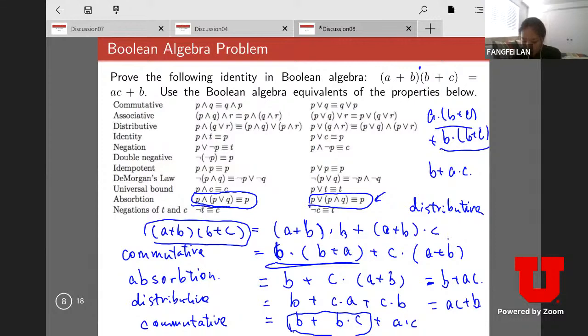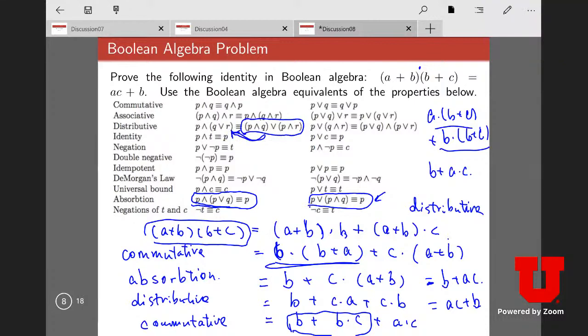Oh, yeah. I mean, you can, yes. I think that would be a lot easier. Yes, because they're equivalent anyway, right? You're going from here to the left side. Yes, you can definitely do that. And that's super easy. You just commute it again, and that would be it.